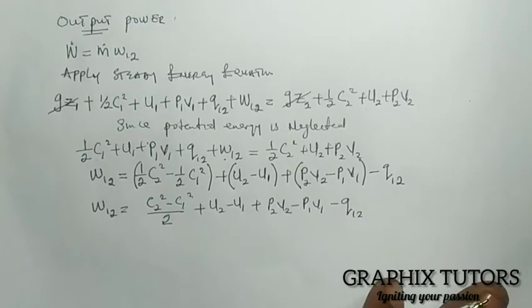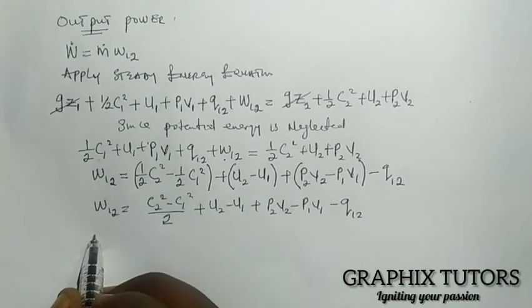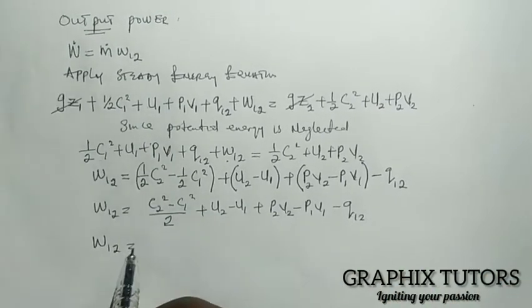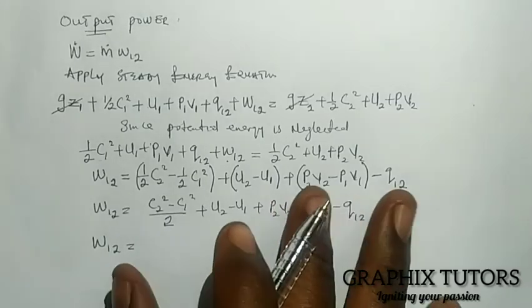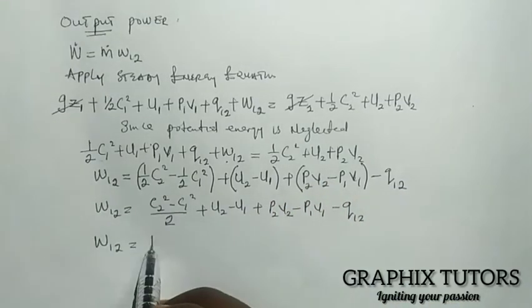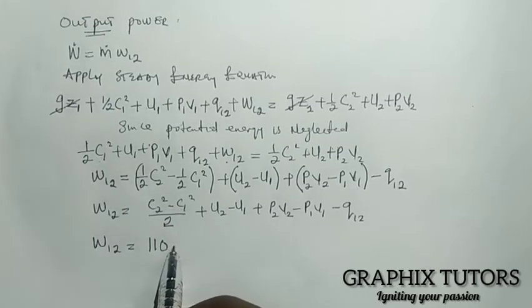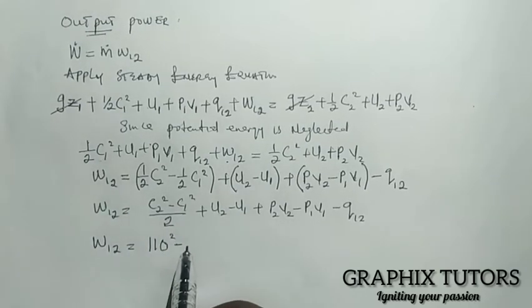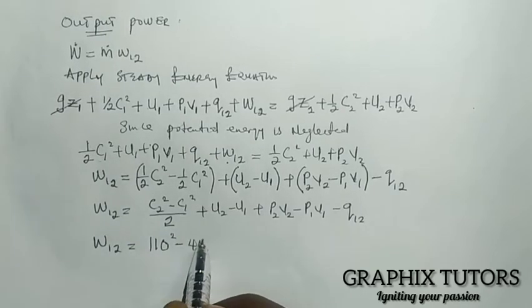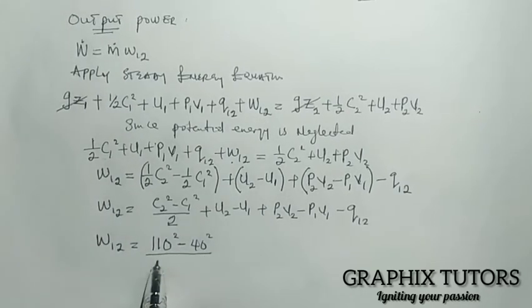So inputting the values that we have here, my w12 equals, the c2 here is giving us 110. If you check your parameters, 110 square minus c1 is giving us 40 square, all over 2.